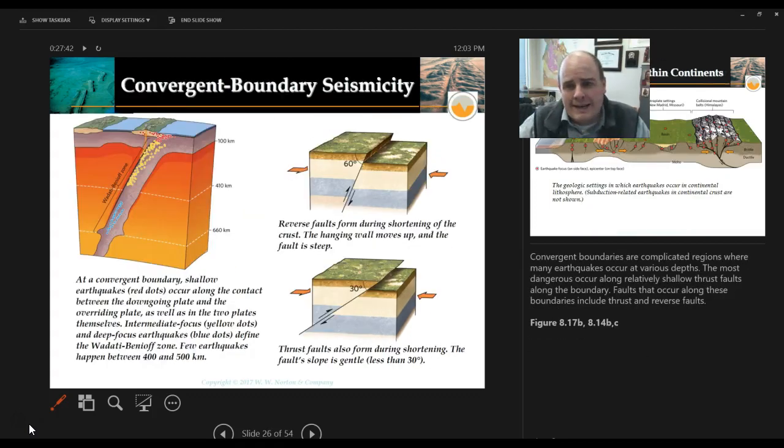Whereas the big ones, anything like an 8 or a 9, are going to happen at a convergent plate boundary, and these can happen at both shallow depth and at depth. The big, really dangerous earthquakes are going to be the shallow ones, because that's where it's more brittle, colder, and therefore the bigger earthquakes. The ones down deeper tend to be smaller because it's hotter down there, and therefore you can have more motion.